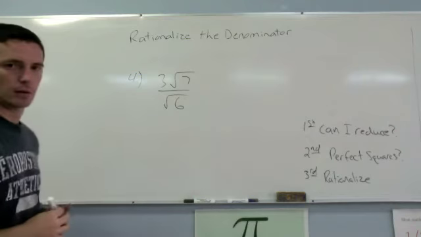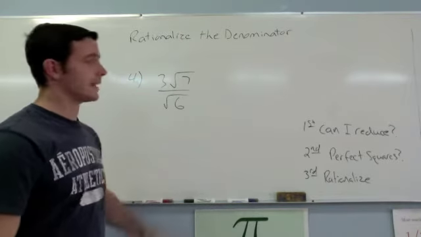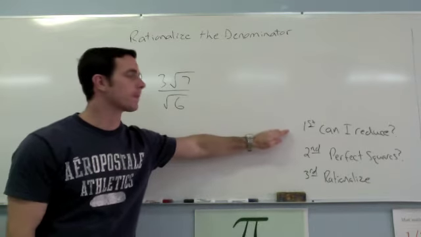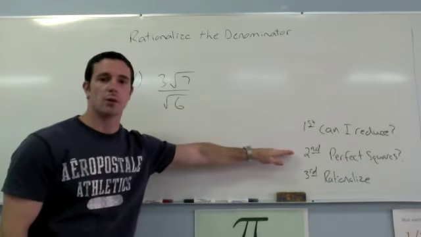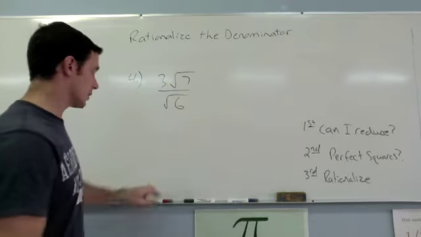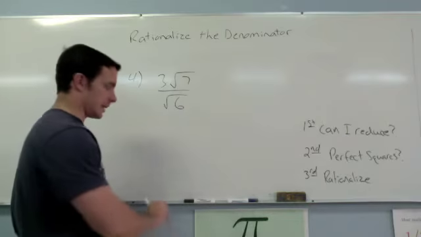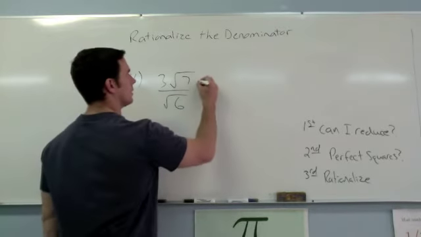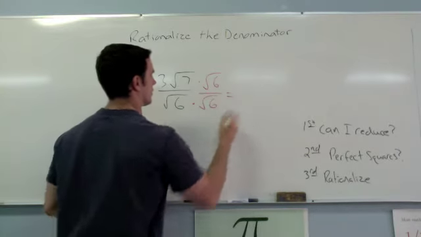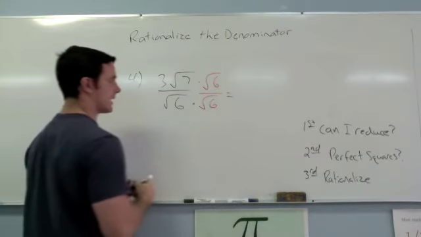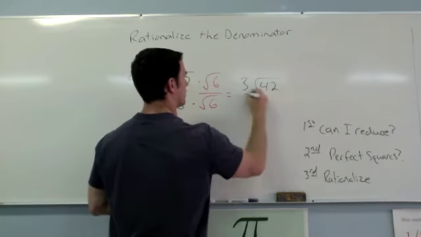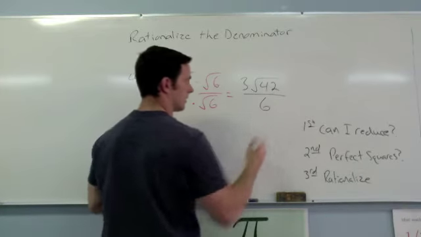We have radical 7 over radical 6. Again, can I reduce? No. Are there any perfect squares inside 7 or 6? No. So, go to the third step, rationalize the denominator. Times radical 6 times radical 6. On the top, I will get 3 radical 42 all over 6.